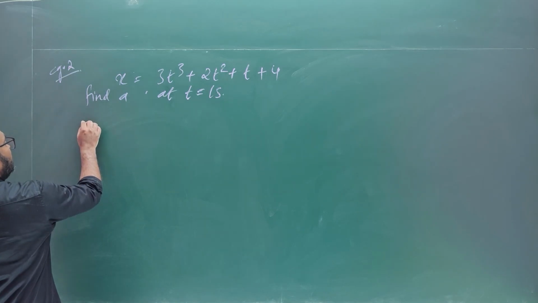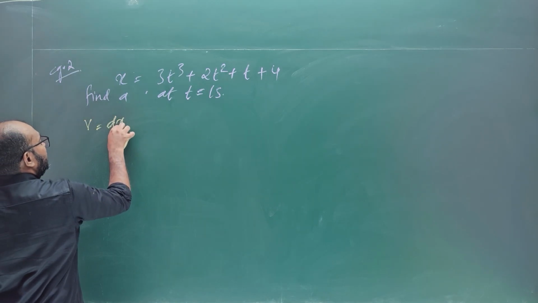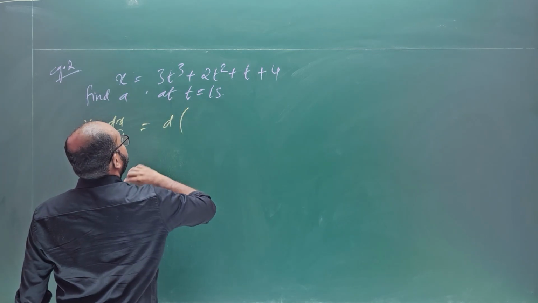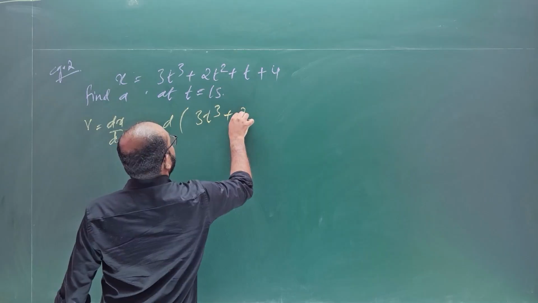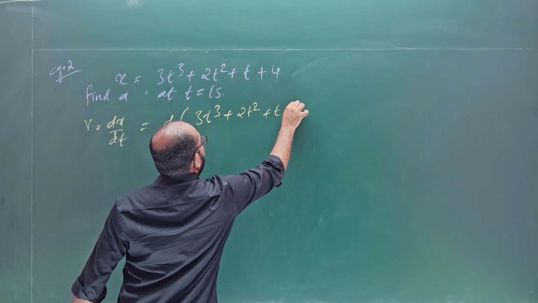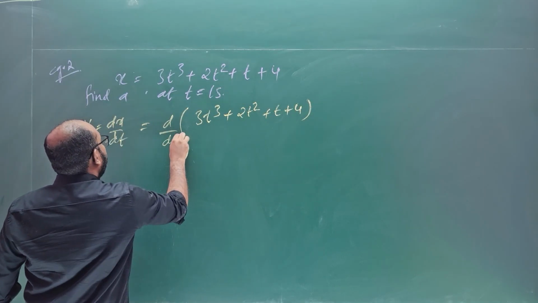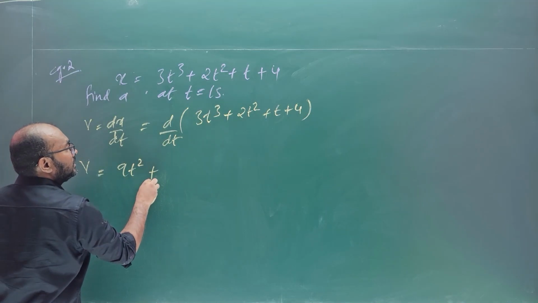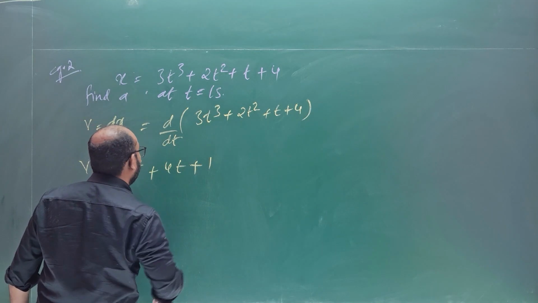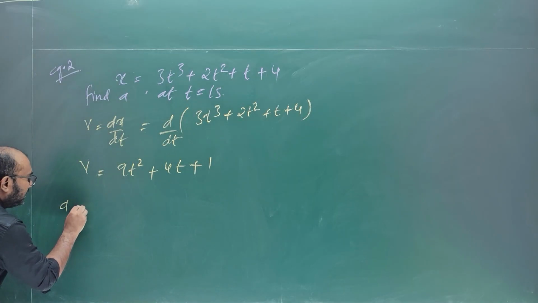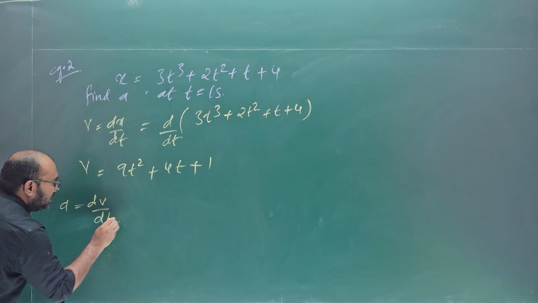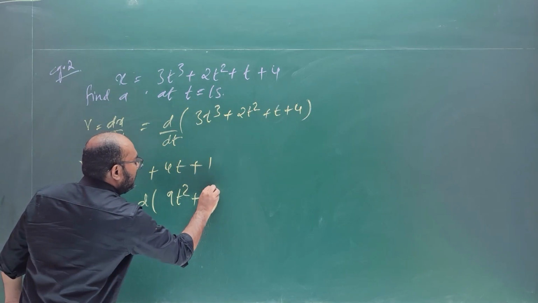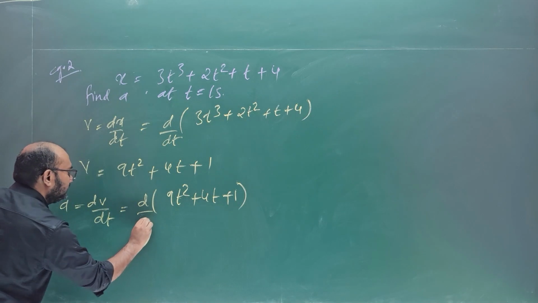So v is nothing but dx upon dt, and d of 3t cube plus 2t square plus t plus 4 upon dt. So v can be written as 9t square plus 4t plus 1. Differentiating one more time, acceleration is nothing but dv upon dt, the differentiation of 9t square plus 4t plus 1.